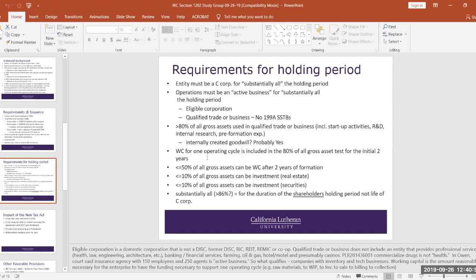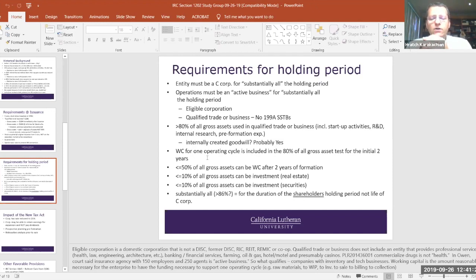Right. Working capital reasonably needed by the operations for one operating cycle. In other words, the period of time that a company goes from the start until completion, whether it's manufacturing an item, as an example, from getting the raw materials, the work in process inventory, selling it, billing and collection, that cycle.